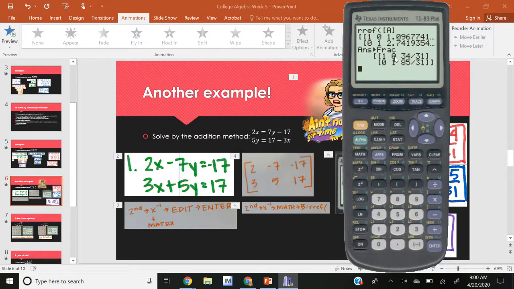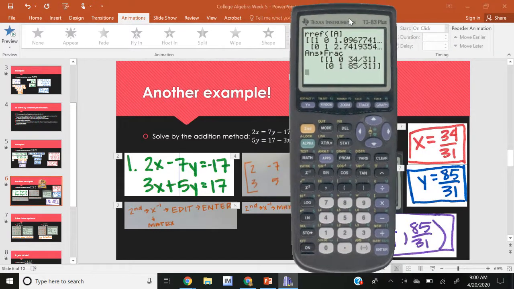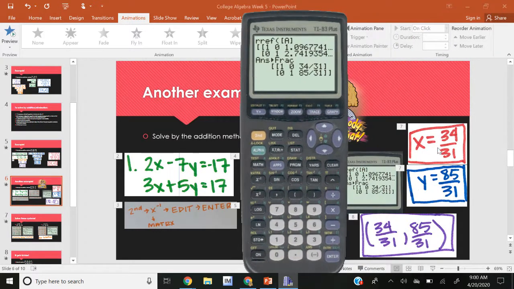So x equals 34 31sts. 0x plus 1y equals 85 31sts. So y equals 85 31sts. So that means x equals 34 over 31, y equals 85 over 31, and that's your answer.